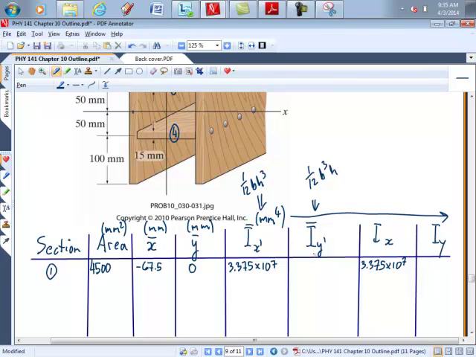All right, moment of inertia about the y prime axis. It's going to be 1/12 b cubed, so 15 cubed times h, which is 300.